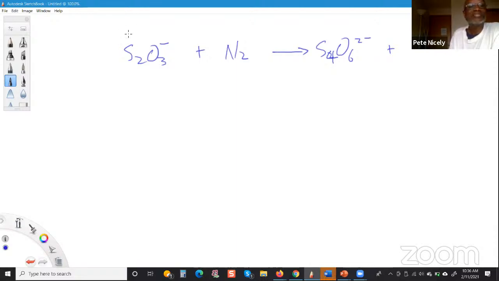I don't want to make another mistake. Let me see here. 4x minus 12 gives you minus 2. So that would be x minus 6 equal minus 1. X equal to plus 5.